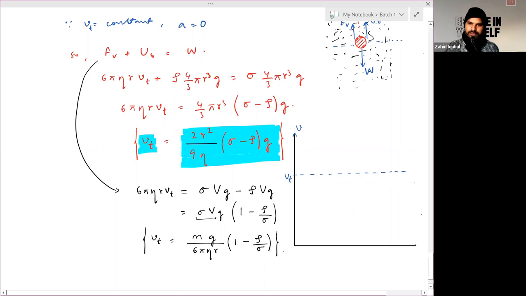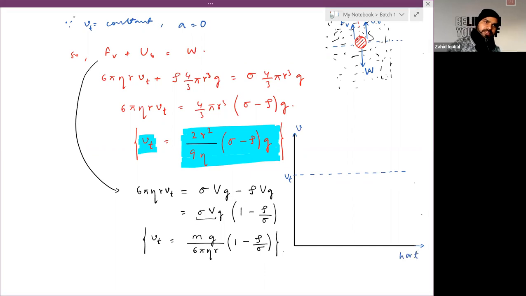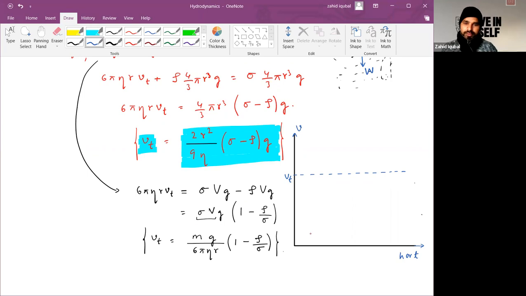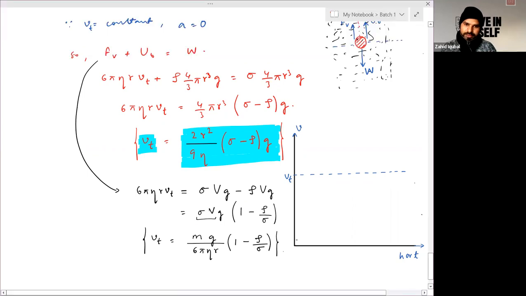Along this direction, velocity, and along this direction, height or time. So in the first part, if a body is projected or initially dropped, it may acquire this curve to attain this velocity after some time. In this part, the initial velocity of the object is 0.